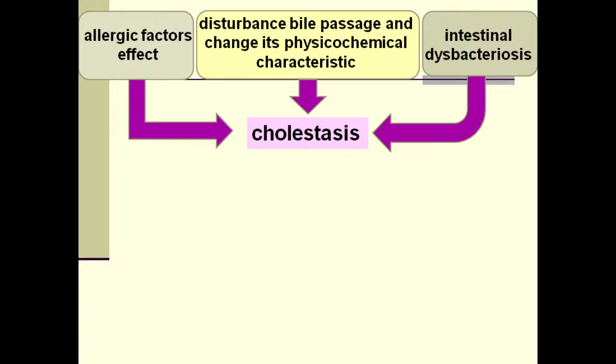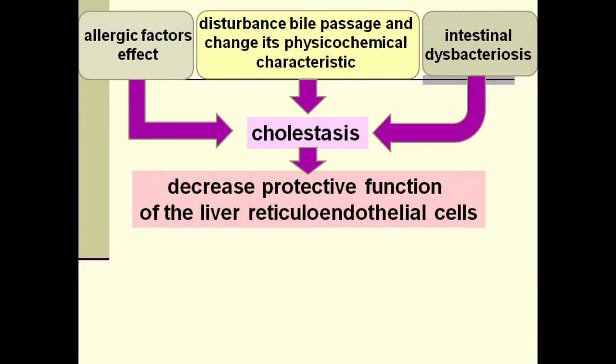I'll come back again: the provoking factor of cholecystitis is primary motor dysfunction, hypomotor dysfunction, cholestasis, which is complicated with decreased activity of the liver reticular endothelial cells, whose main function is protective.